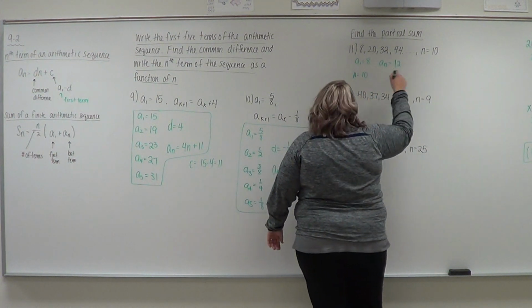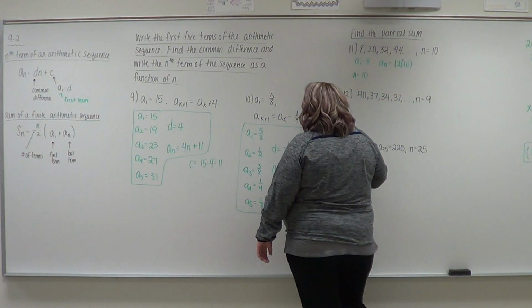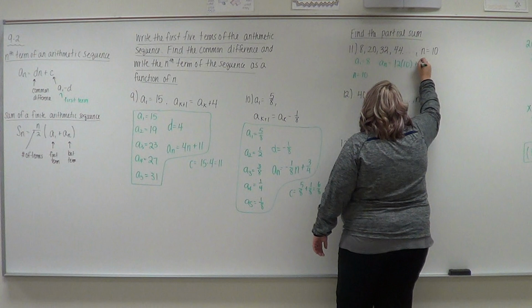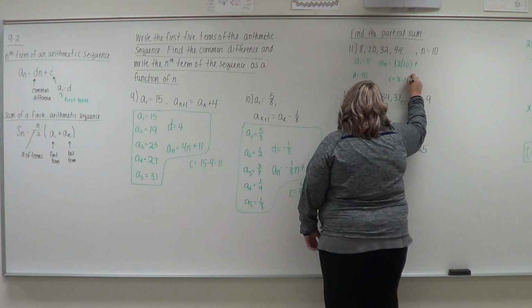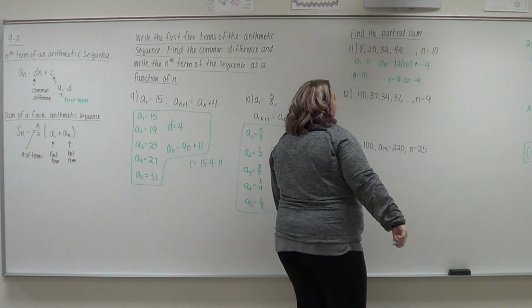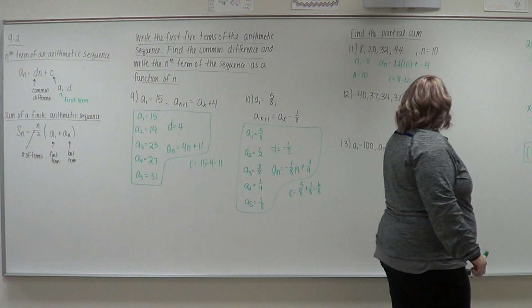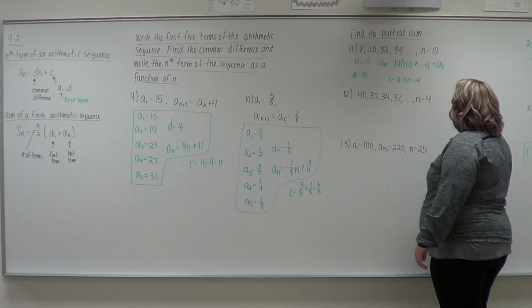I already know n, I'm trying to find my last term, so I'm trying to find the 10th term. And then I need plus c. Well, c is the first term minus the common difference, so that would be plus negative 4. Well, 12 times 10 is 120, minus 4, that would be 116.